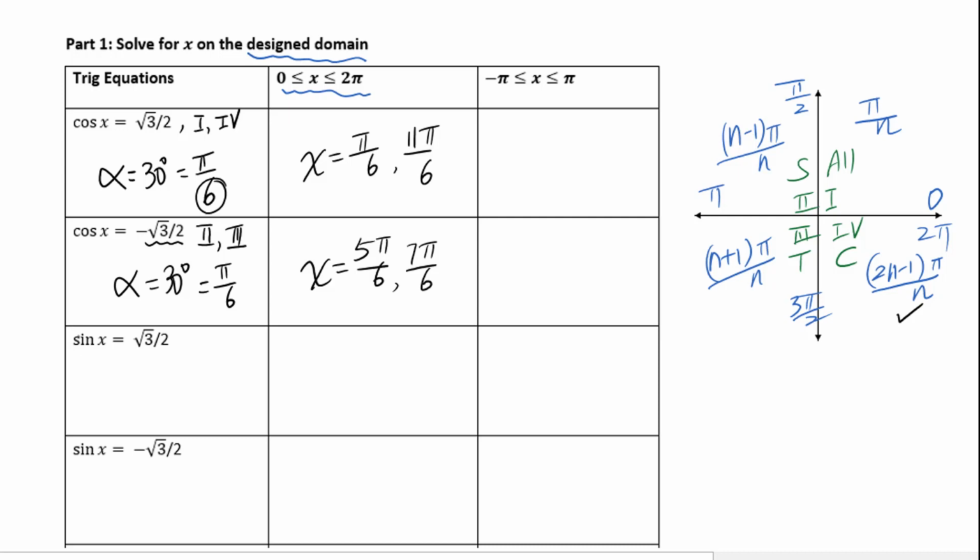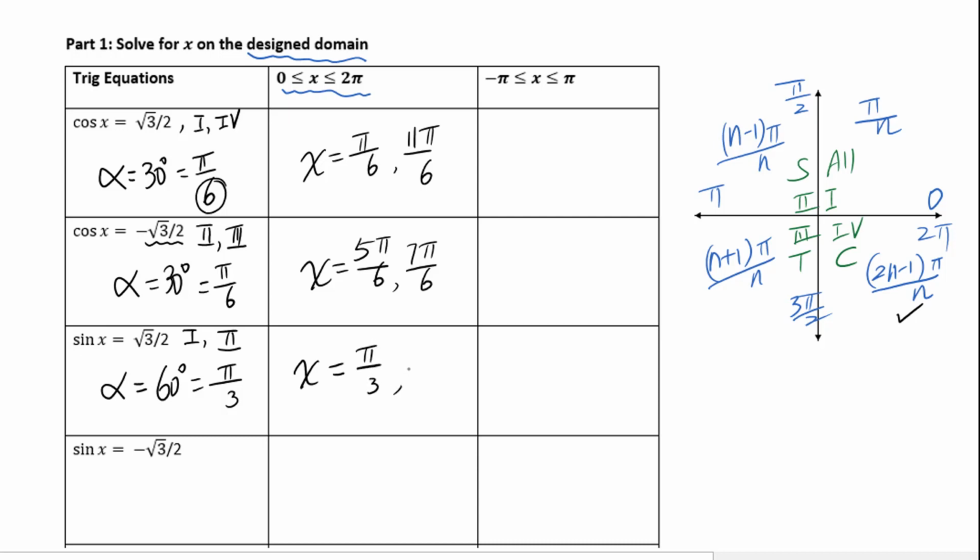For sine x equals square root of 3 over 2, we know the reference angle equals 60 degrees. That is pi over 3. Since square root of 3 over 2 is positive, go to first and then the second quadrant. Therefore, the first quadrant angle is pi over 3.